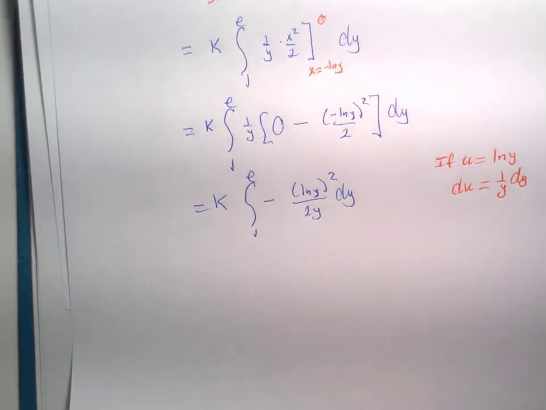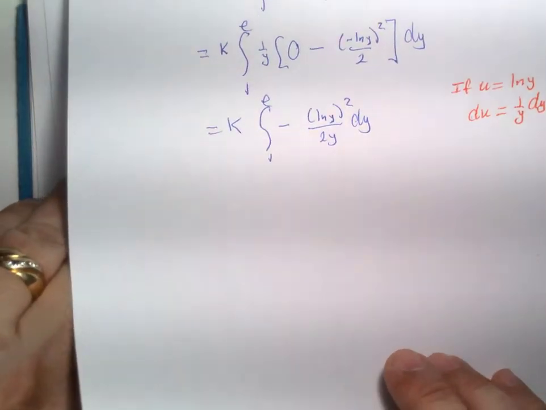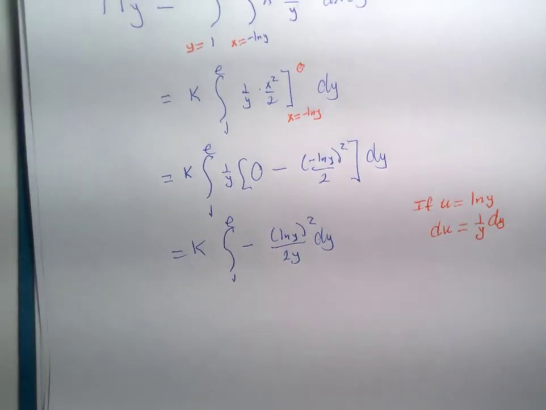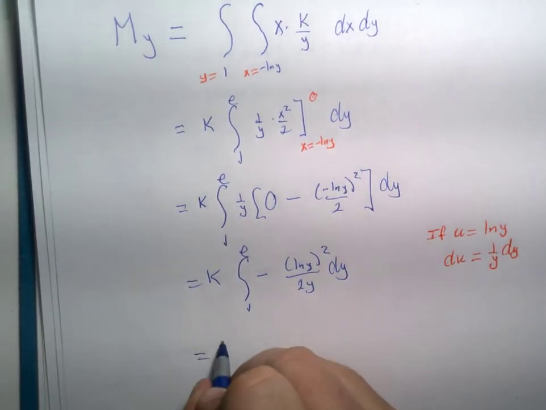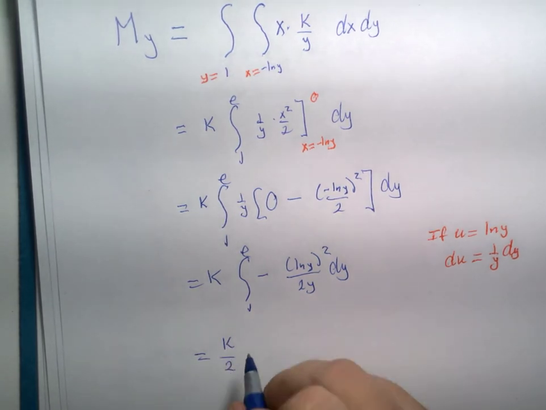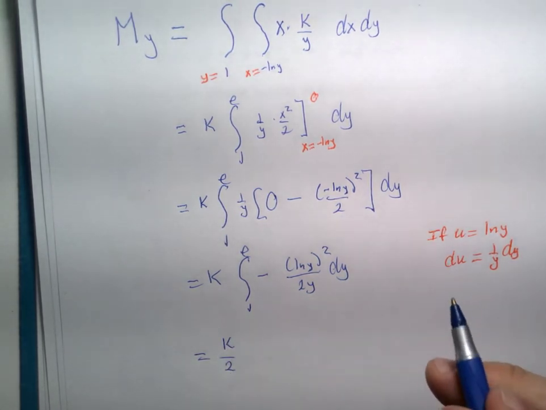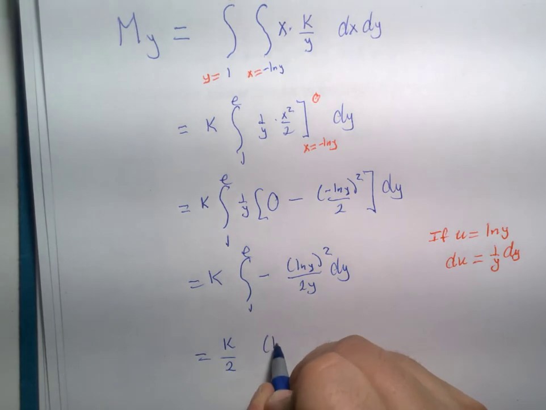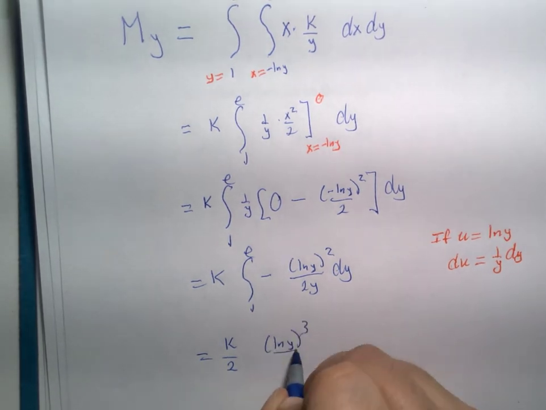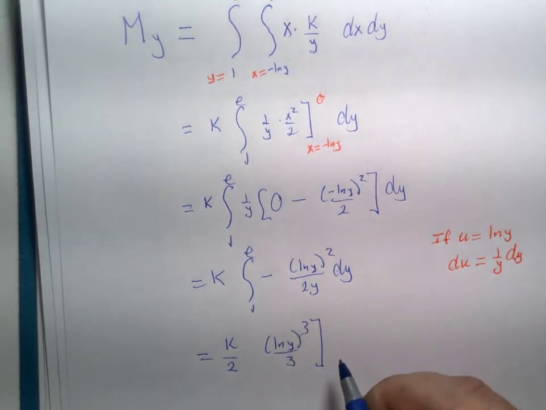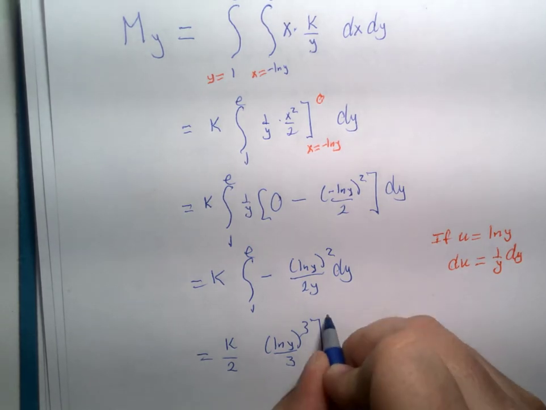I'm going to write that more quickly than you want me to, but remember you have a pause button. Let's factor out that 2. It's going to be natural log of y cubed over 3, and y goes from 1 to e.